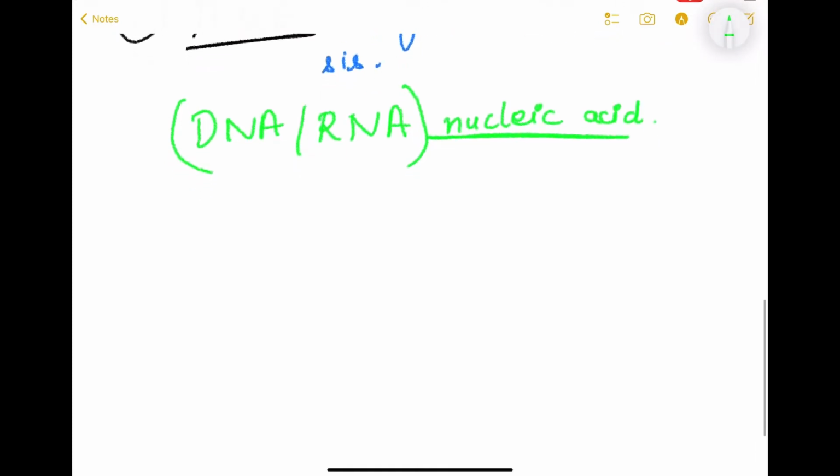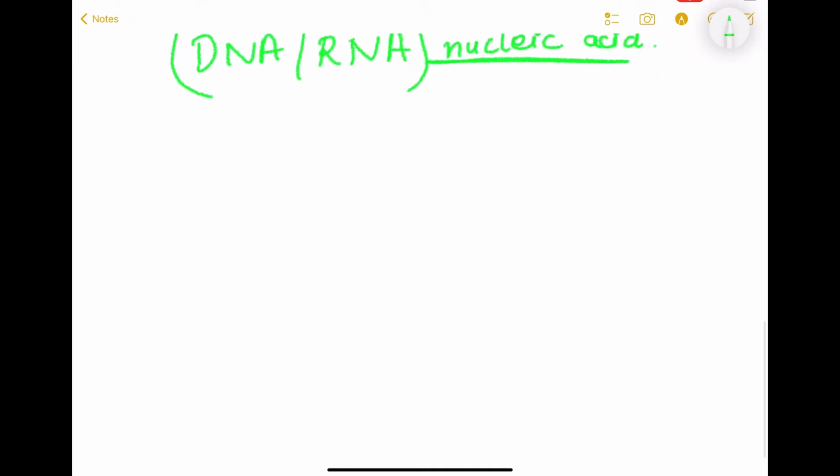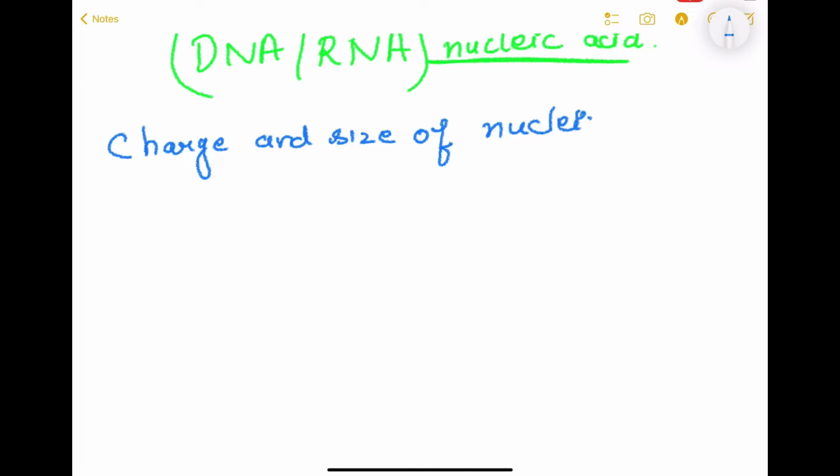What happens in AGE is that this gel electrophoresis of nucleic acids is based on charge and size of the nucleic acid which we are studying, either DNA or RNA.